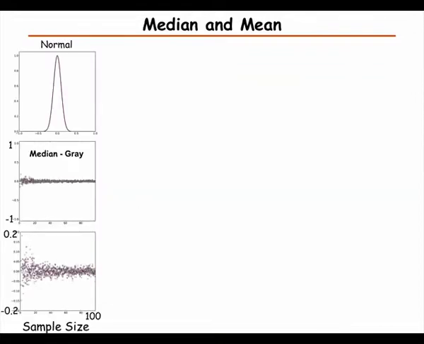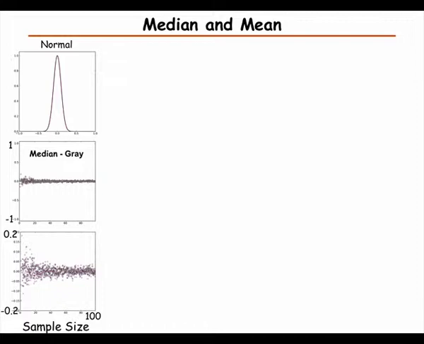So if we compare now the mean to the median, the median is the same as in the previous figure. Now we've overlaid the median, and the median points are in gray. So as you see, the median and the mean have quite similar distributions.